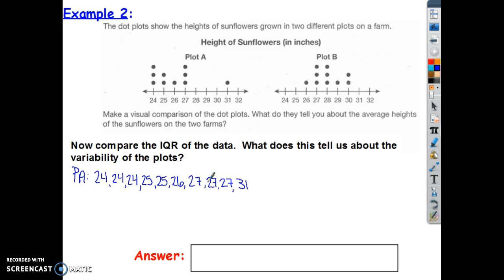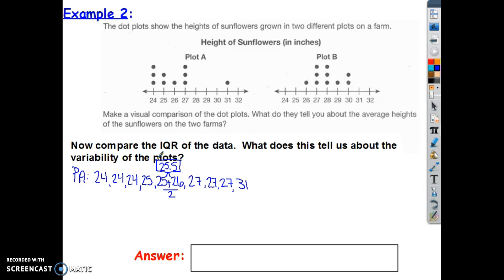All right, so I've got to find the middle numbers. So 1, 2, 3, 4, 5. Well, these two numbers are in the middle. So halfway between 25 and 26 is 25.5. And I did that by adding the two and dividing by 2 to find the average of those two middle numbers. So I'm going to put a box around my median.